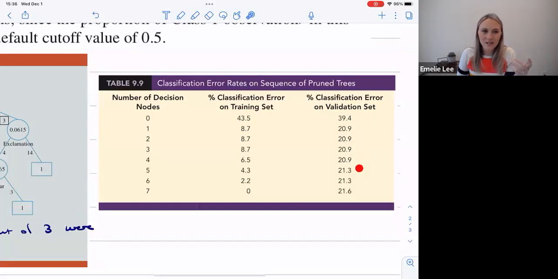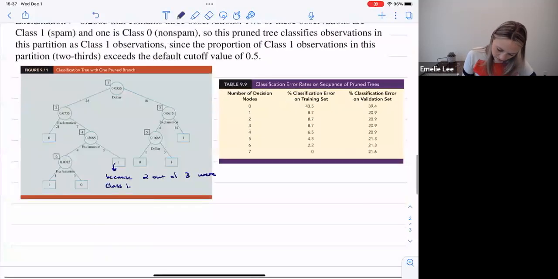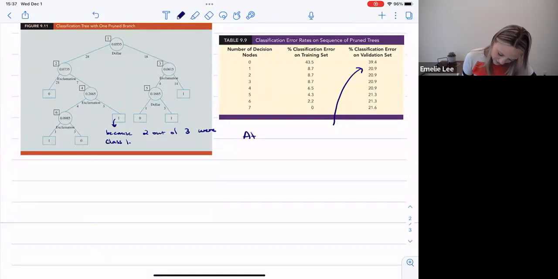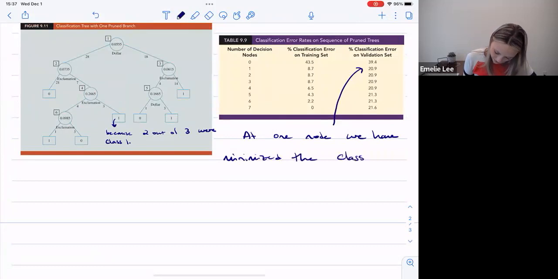And then what's kind of weird is it goes up to 21.3, which means that adding more nodes actually gives us more classification error. So that's bad. Here, as soon as we introduce 1 node, we've hit the minimized classification error.